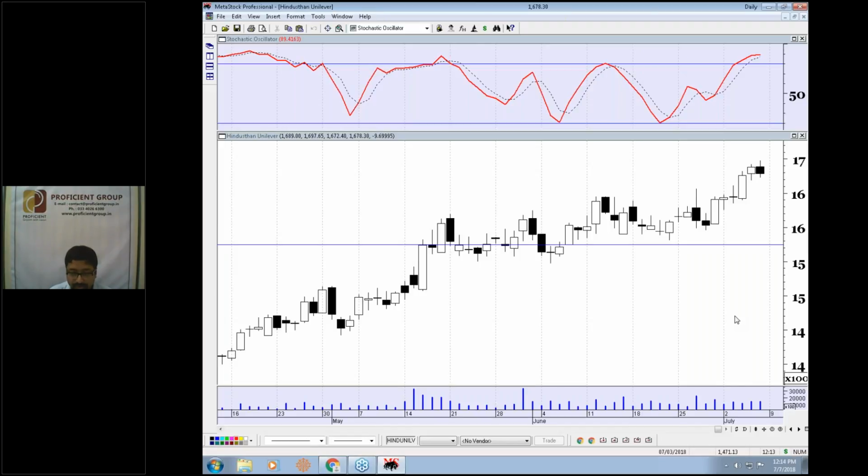So this week also there was some good movement, and the last bottom was made at the 1600 level. So any pullback will be a buying opportunity in Hindustan Unilever. Overall stop loss will be the 1600 level, and there is a high probability that Hindustan Unilever, or in fact many other FMCG stocks, are likely to go higher.